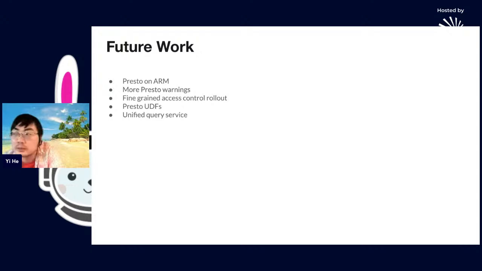Another thing we are planning is to provide a unified query service that seamlessly translates between Trino and Spark SQL, which helps users transition from one to the other more seamlessly.